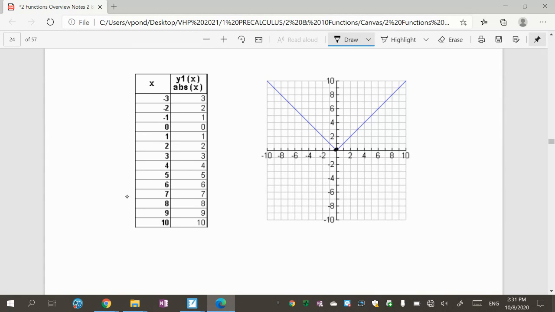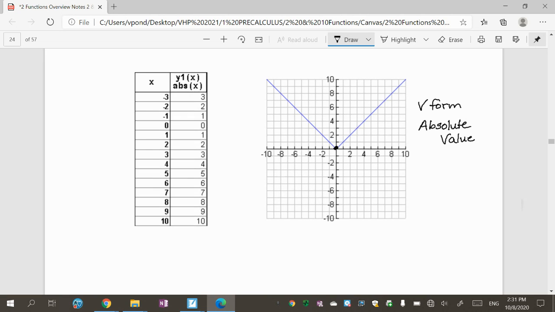I've got it right here for you. So (0, 0) is on the graph, and whatever is positive shows up here. This makes a V form, and this V form is what an absolute value graph always looks like. I always remember that because absolute value has a V in it. So that's what the graph always looks like.